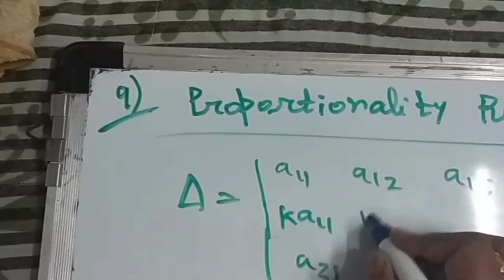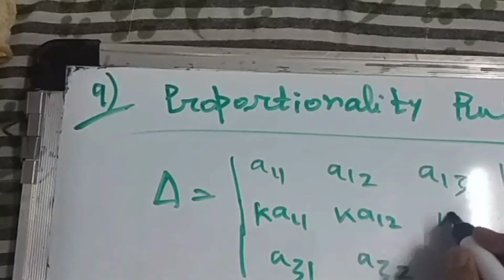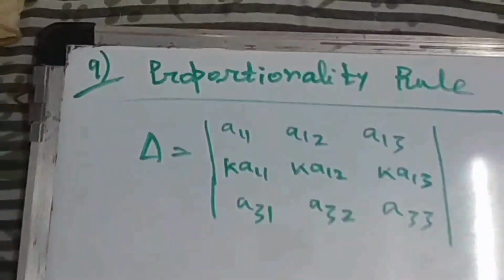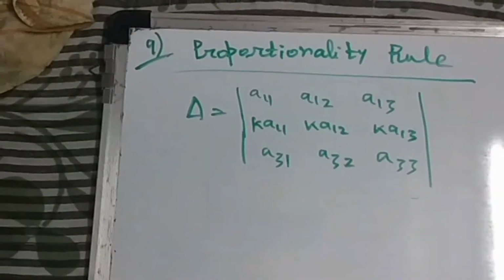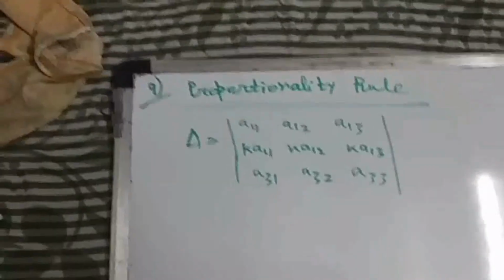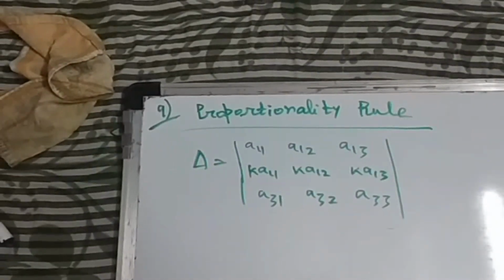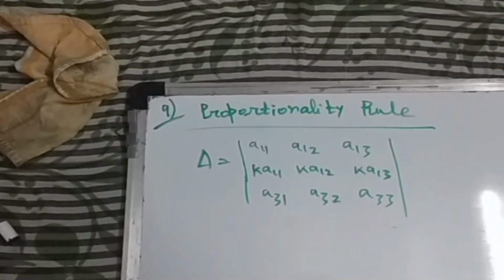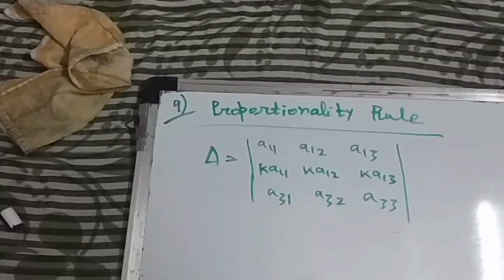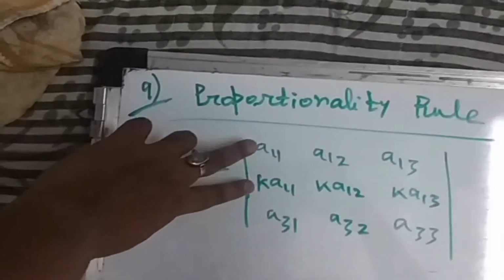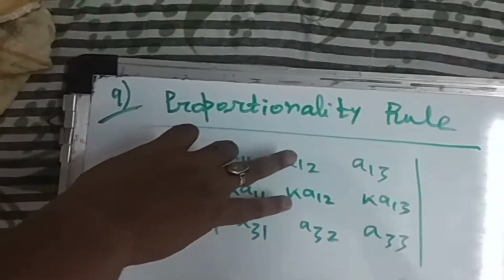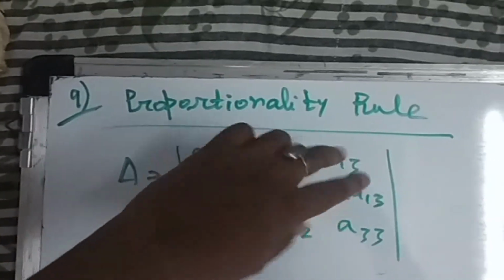I have discussed it before while discussing other properties, and you also see it in the book, it is given separately. So if I take the ratio of these two elements, and then the ratio of these two elements, then the ratio of these two elements, it will be 1 is to k.